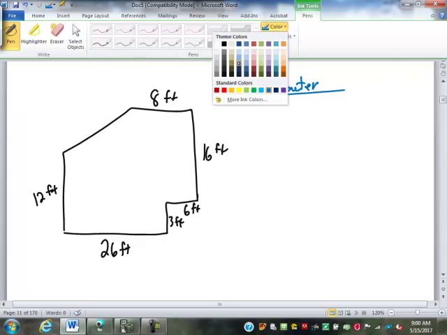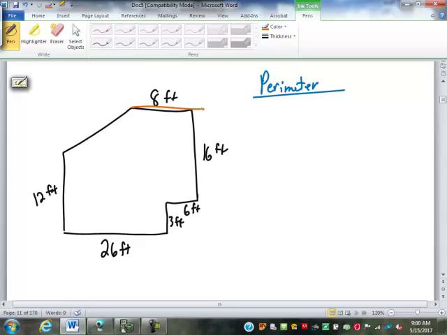Well, to find perimeter, we'll start right here. We've got 8 plus, what would be next? 16 plus 6 plus 3 plus 26 and plus 12. Plus, we've got to figure out that piece.